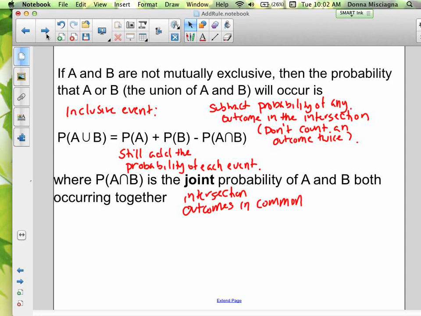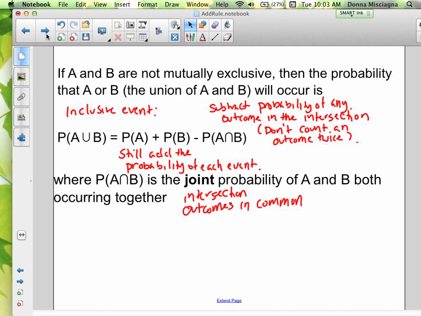Okay? So for a joint probability of two things occurring together, we have to subtract the intersection, the outcomes in common. Okay? So to find the probability of non-mutually exclusive events, we're going to add the probability of each event occurring, and then we're going to subtract the joint probability, the probability of any event that occurs for both A and B, that intersection.